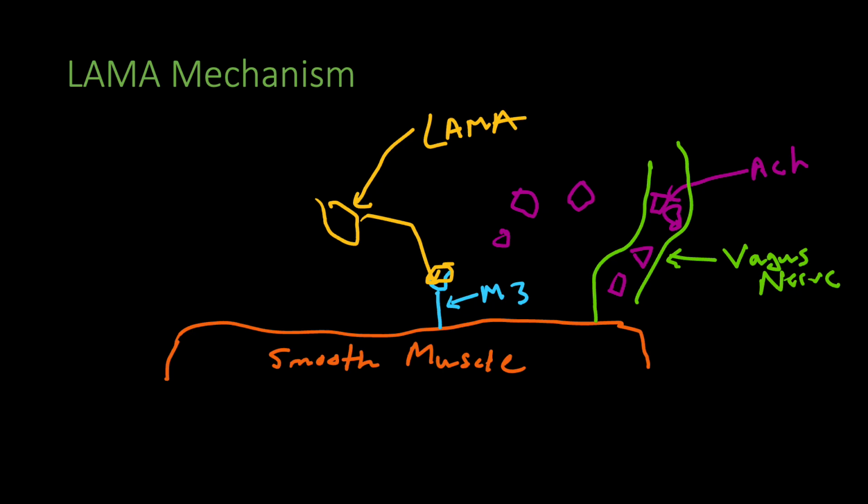LAMA is a very interesting medication. In your smooth muscle, which is obviously the bronchial tubes, where the lungs are and how air flows from the mouth and nose through your lungs, you'll see here I drew a diagram of the smooth muscle, and on top of it, you can see one of the receptors, which is the M3 receptor. Then you see here in green the vagus nerve.